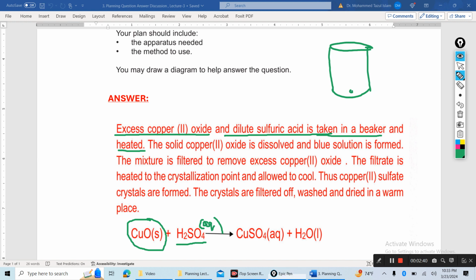Here, excess copper(II) oxide plus sulfuric acid. Then you give heat.